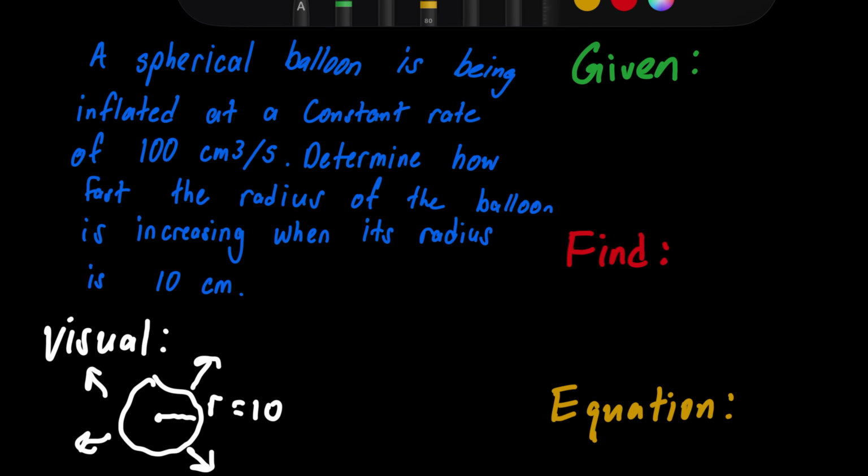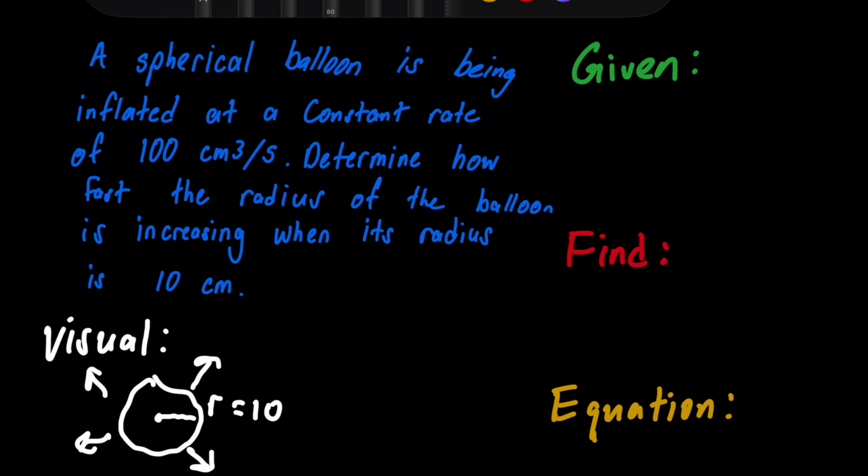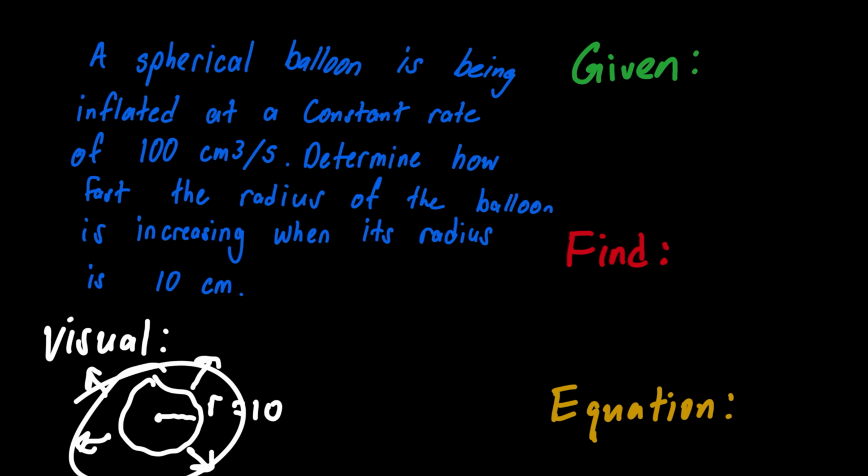Okay, so before we do anything, we need to understand what exactly is going on in this situation. So we have a balloon and it's a sphere. So this right here will be our drawing. And our radius is at the point where the radius is 10 centimeters. At that point, the balloon is still expanding at a rate of 100 centimeters cubed per second, which means its volume is still increasing, right?